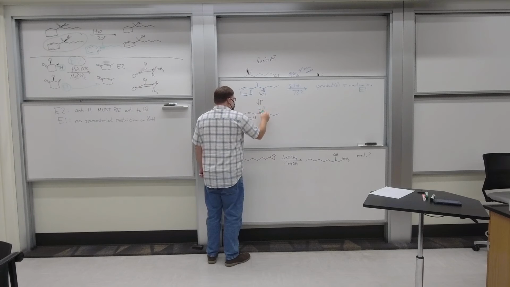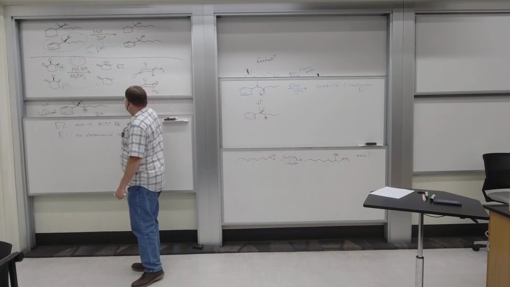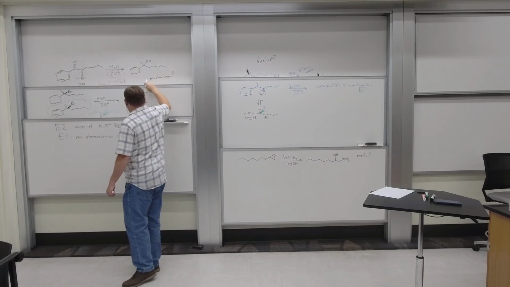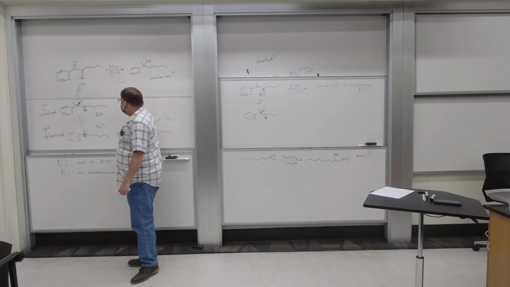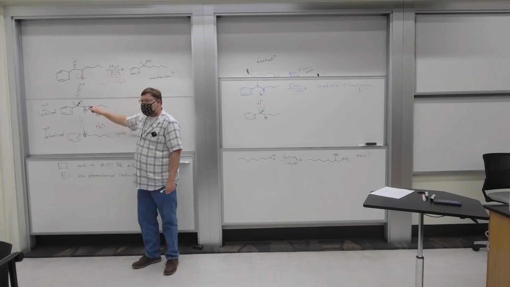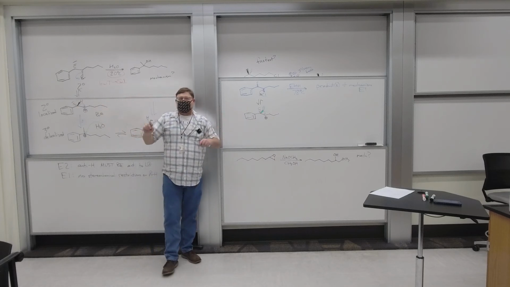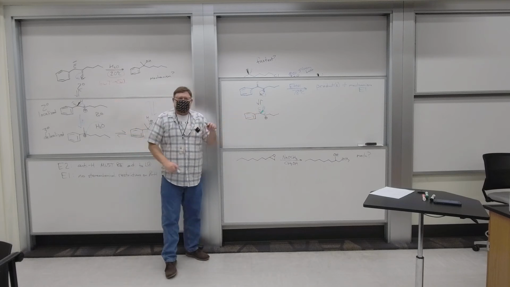Just like the last time, I've covered it up, I guess. If this migration happens, this secondary cation is exactly the same as what we just made. This cation is what we made over here.